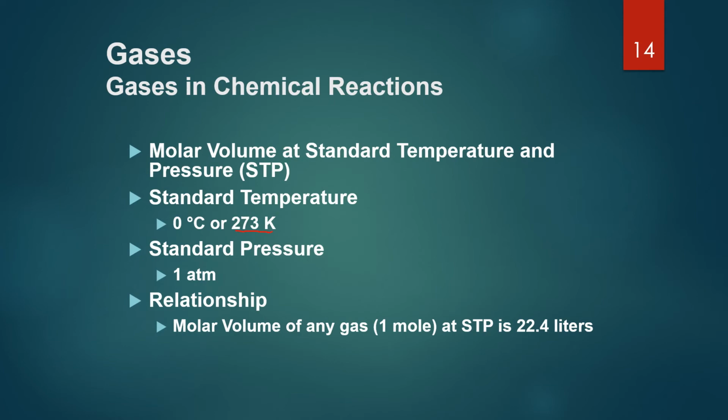The reason I'm pointing out the Kelvin one and not the degrees Celsius is because when we use these equations, we want the temperature to be in Kelvin, not in degrees Celsius. Standard pressure is 1 atm. And if you are talking about 1 mole of gas at standard temperature and pressure, it will be equal to 22.4 liters.